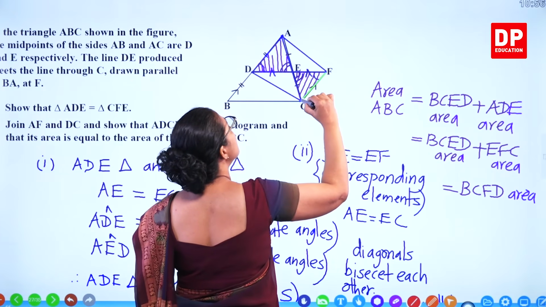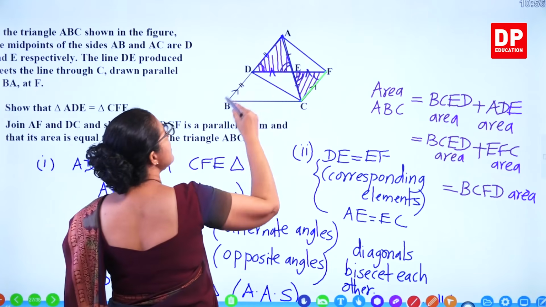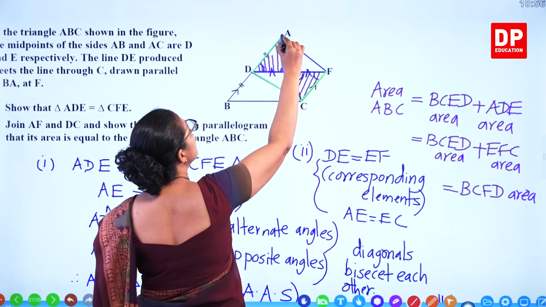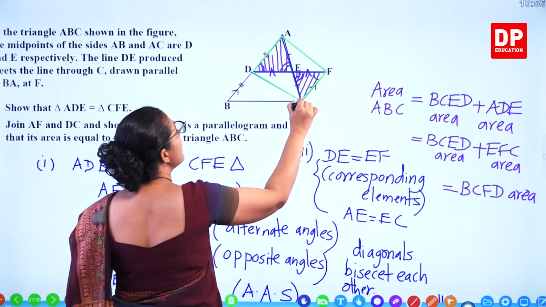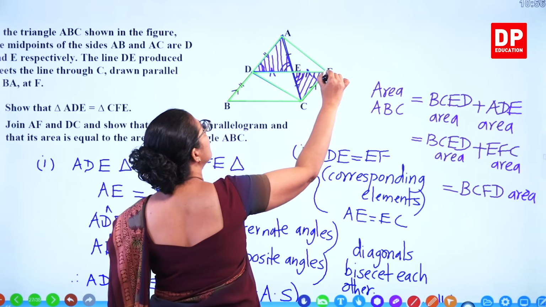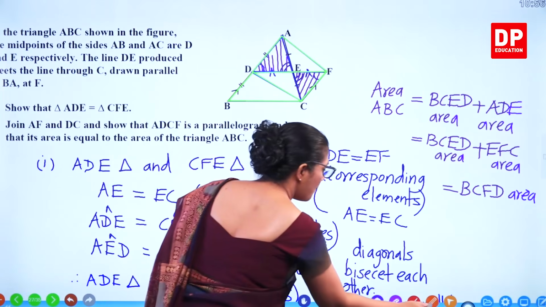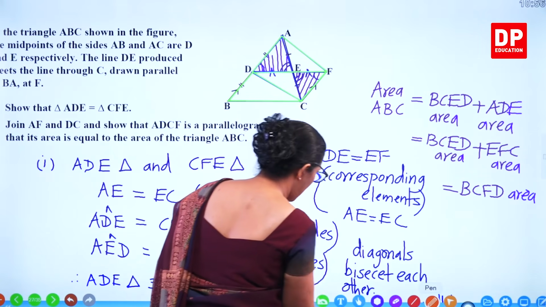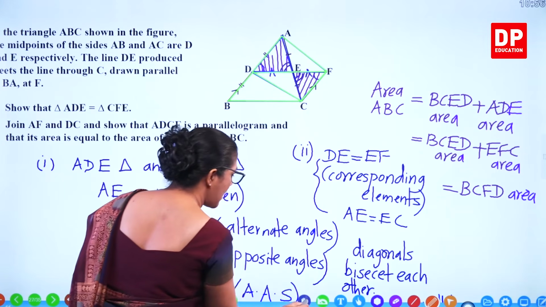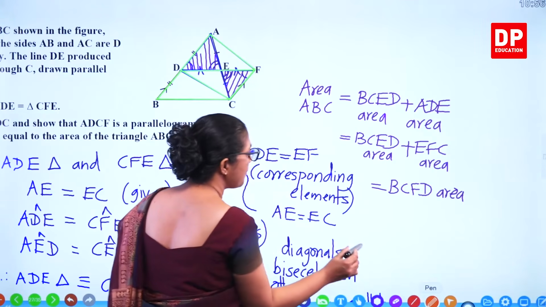CF is the base, and these two lines are parallel. Now look carefully at this area and this area. What can you say? Both are equal. Same base and in between the same parallel lines.